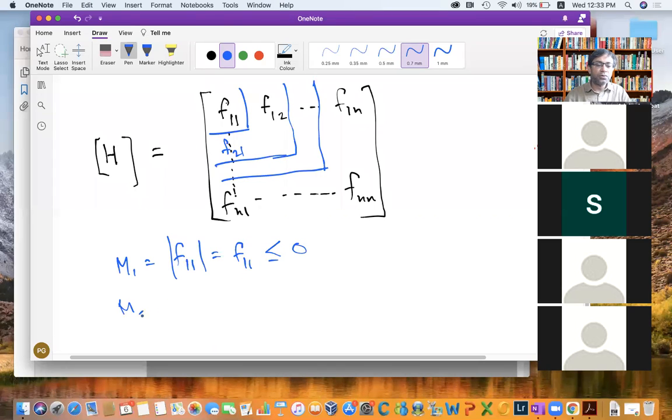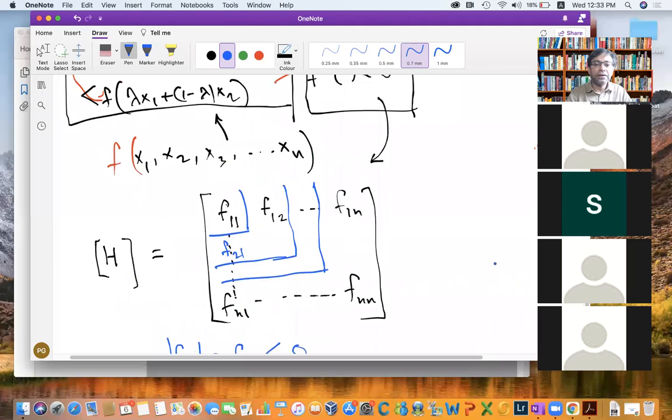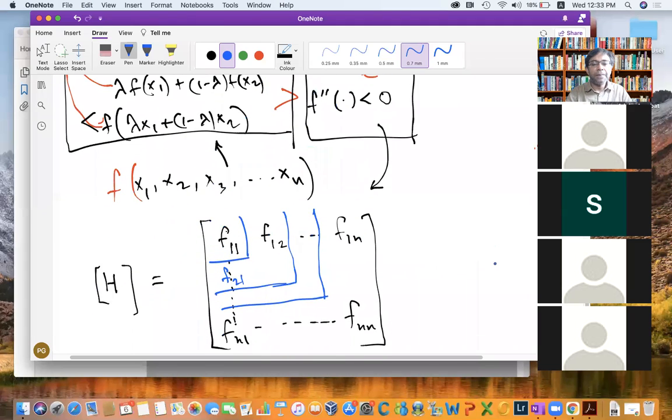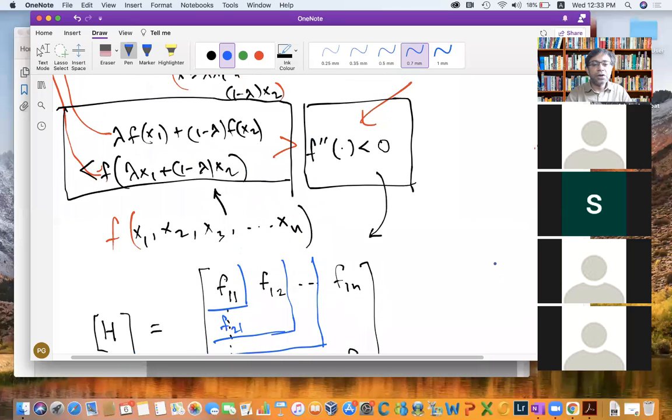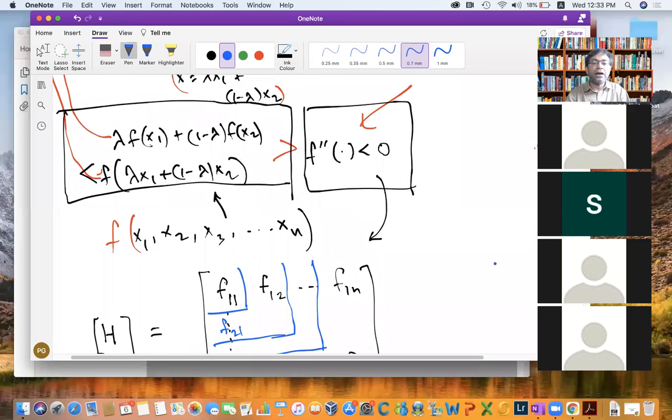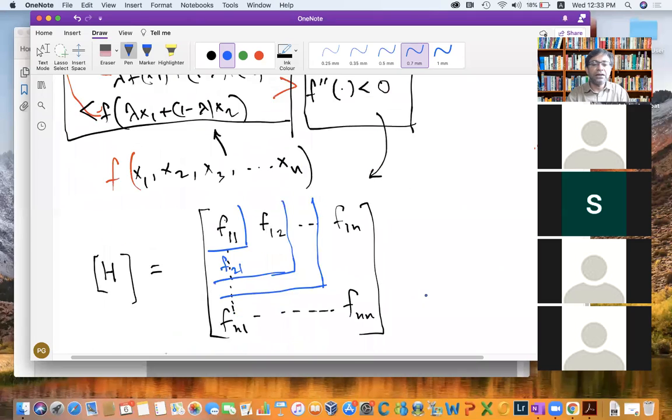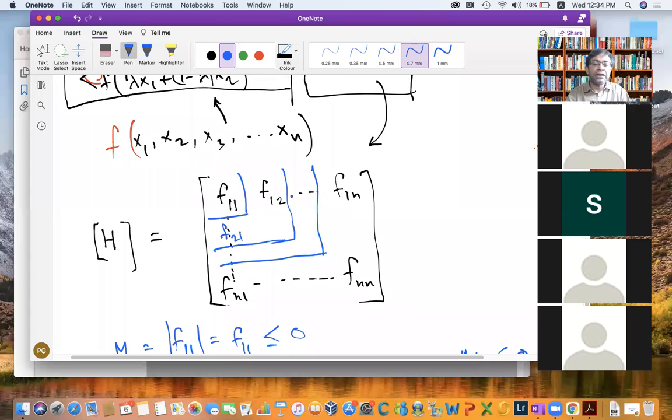Principal minor 2 has to be positive, and so on it goes. M3 has to be negative, and so on. So keep this in mind. A function is concave if this inequality property is satisfied, and if it's a differentiable function, equivalently, if the Hessian matrix is negative semi-definite.